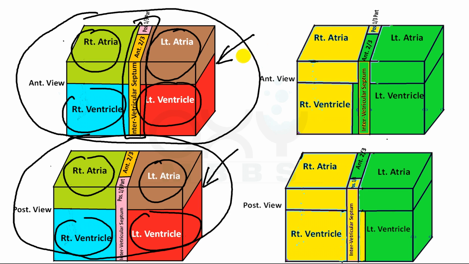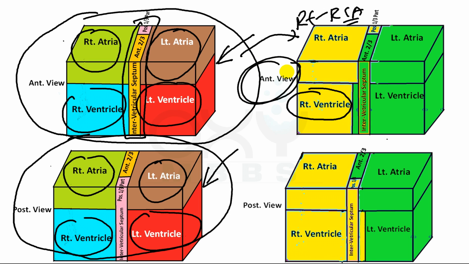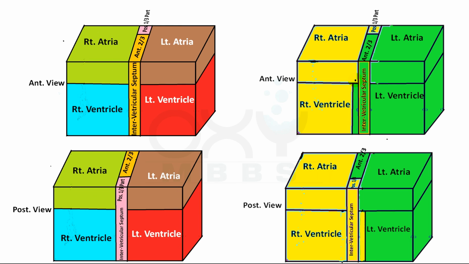Now most of the right side of the heart is supplied by the right coronary artery, but a very small part of the right ventricle on the anterior side, associated with the anterior interventricular groove or septum, is not supplied by the right coronary artery; rather it is supplied by the left coronary artery.